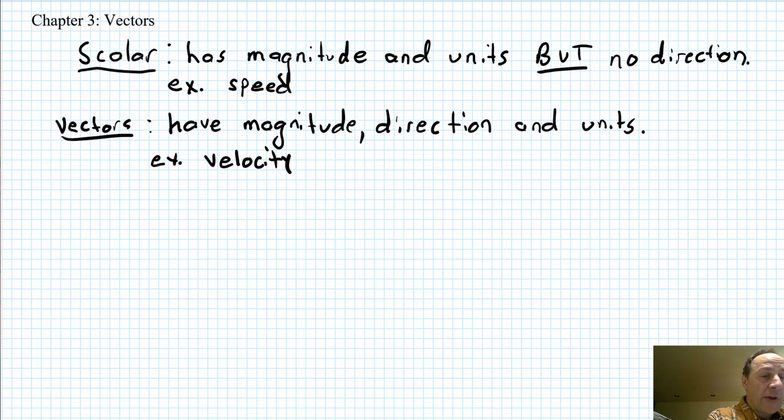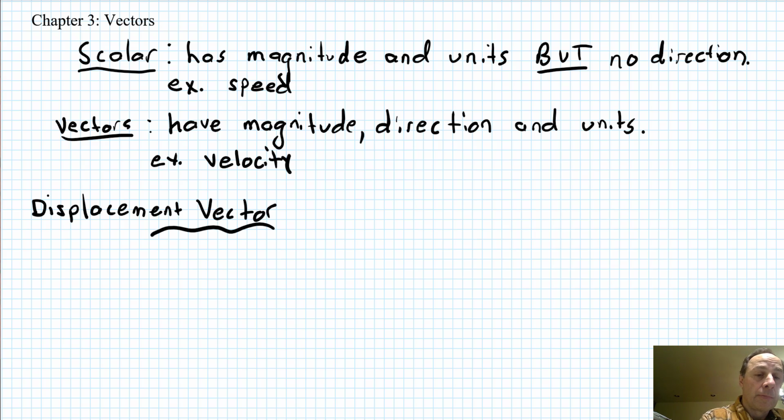Now, the most basic vector, this parallels what we did when we were looking at displacement, velocity, and acceleration, is the displacement vector. This vector represents a change in position.